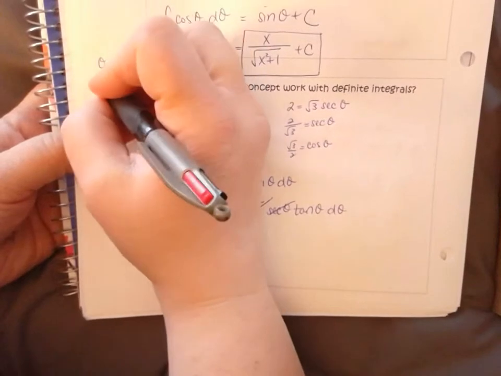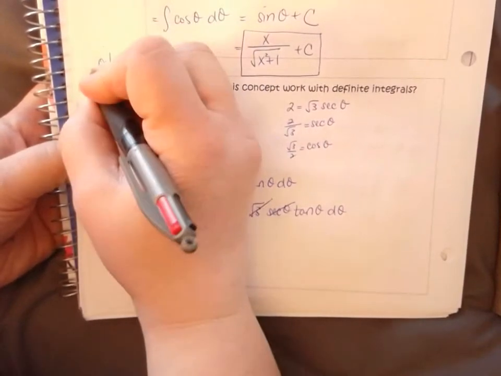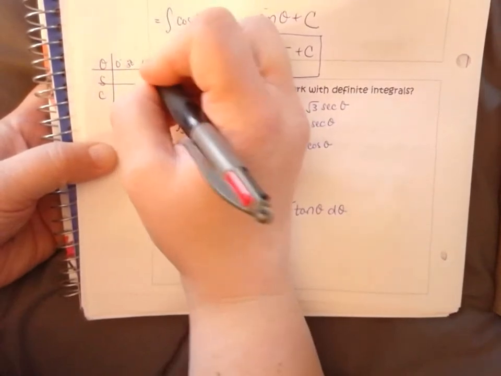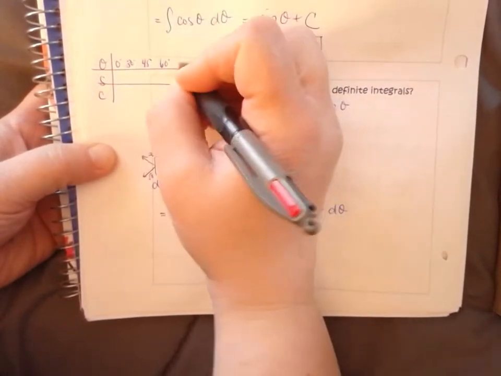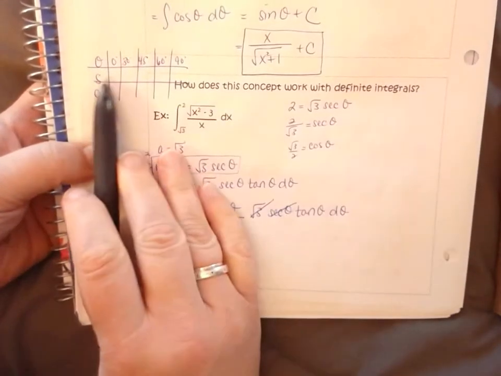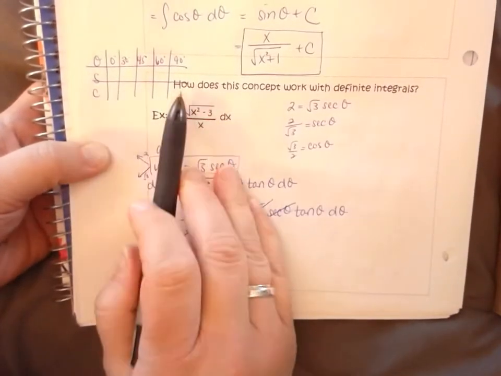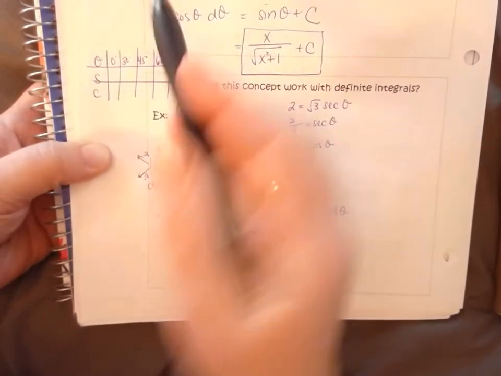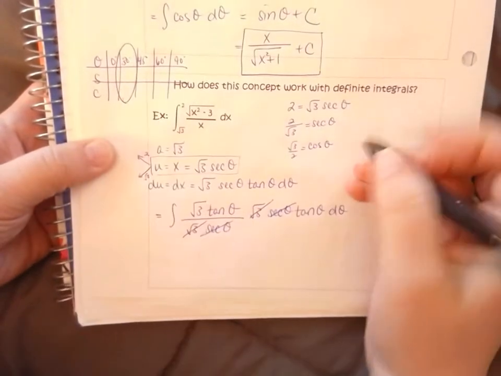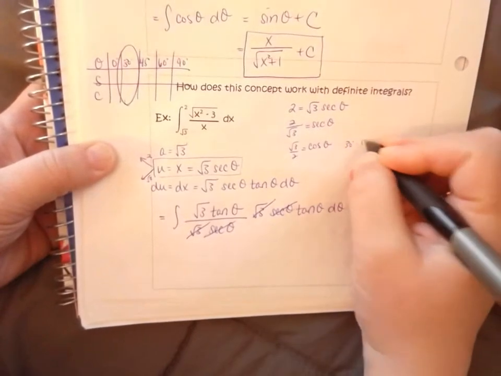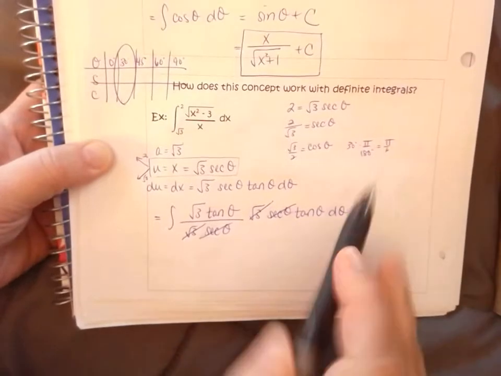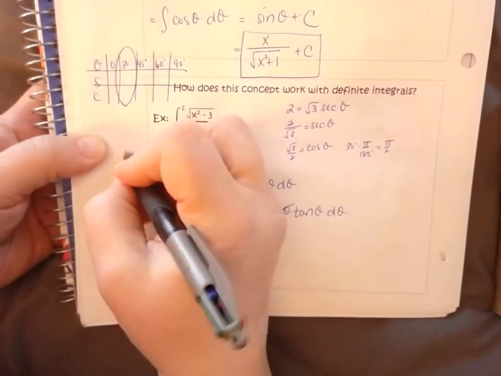Well, it doesn't hurt to have the reminders. And I'm not going to fill it all in because I already know what's going to happen here. So if sine moves up and cosine moves down, then this is 0, 1, 2, 3. This is the one I'm going to use, 30 degrees. It's not kosher to use 30 degrees, but rather pi over 6. So instead of 2, I'm going to write pi over 6.